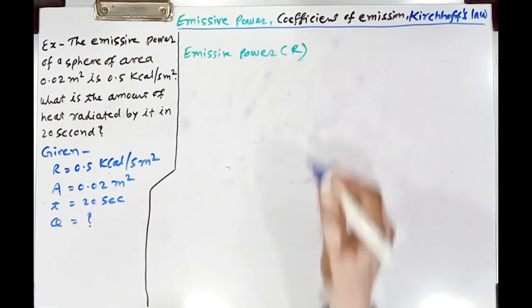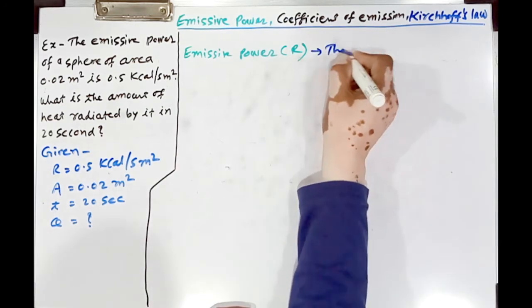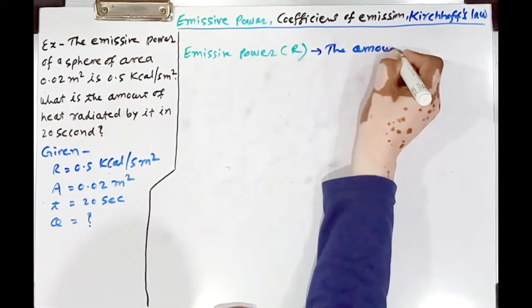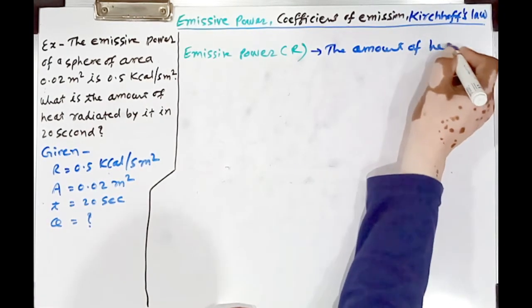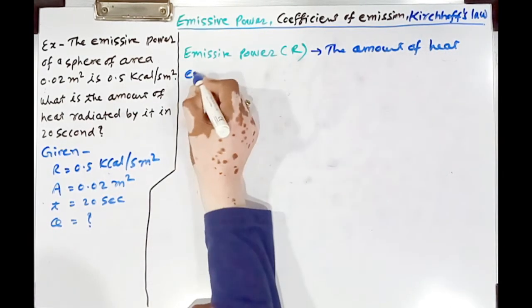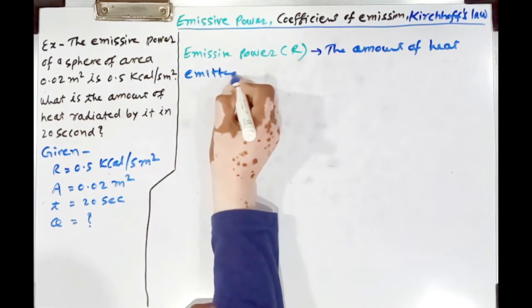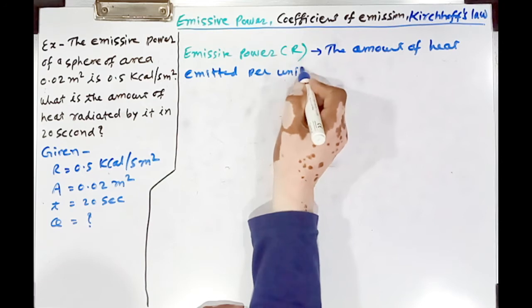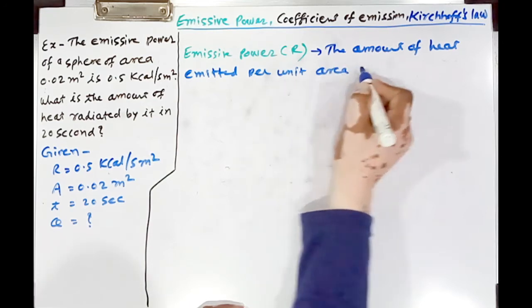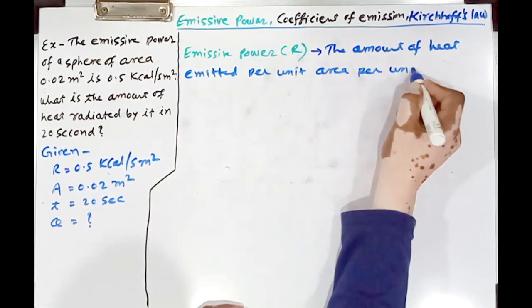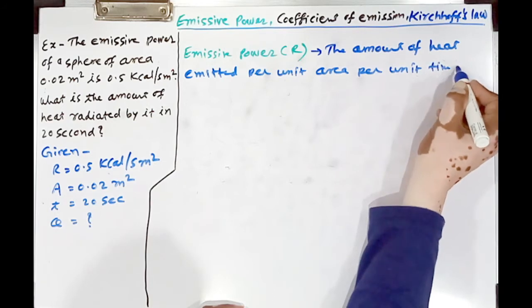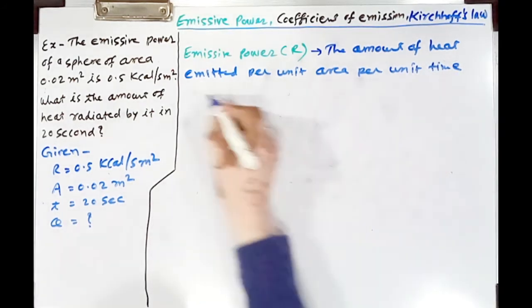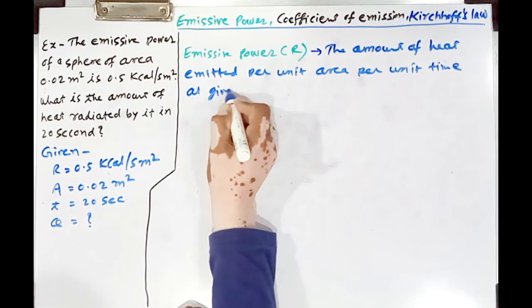It is defined as the amount of heat emitted per unit area per unit time at a given temperature.